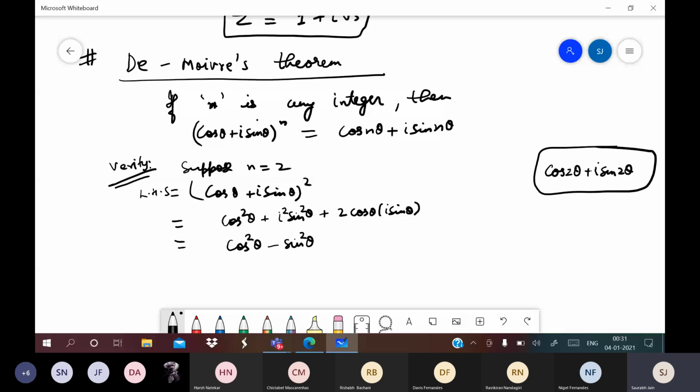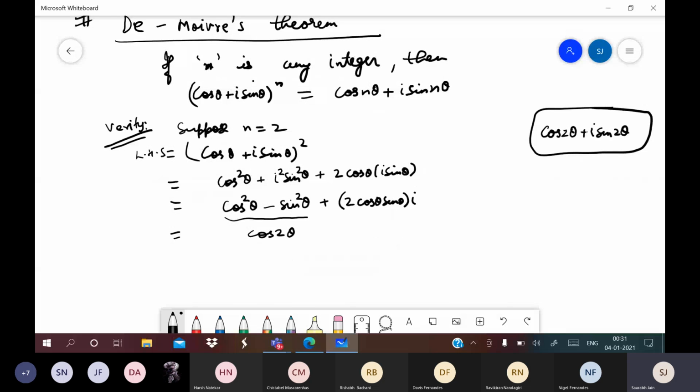If you remember, iota square is -1, and then you can write this as 2 cos sin multiplied with iota. So if you remember, cos square minus sin square is nothing but cos 2 theta. Okay, formula of cos 2a, and this is your formula of sin 2a. So I hope we are at the same result. So this is cos 2 theta plus iota sin 2 theta, which is your RHS. Okay.